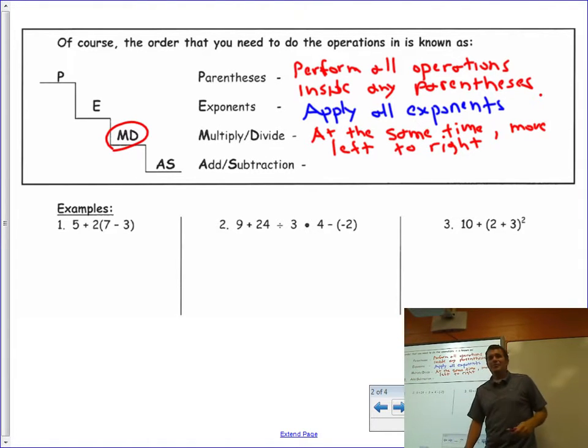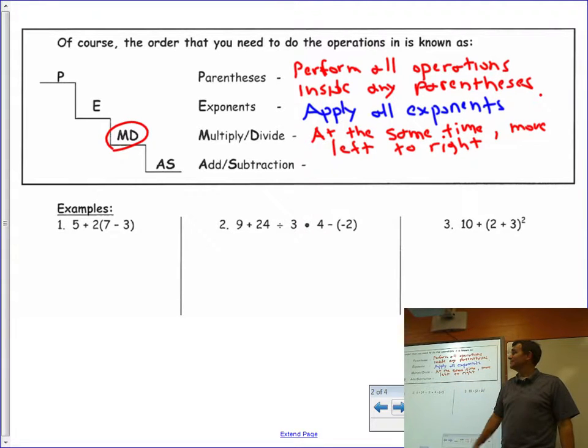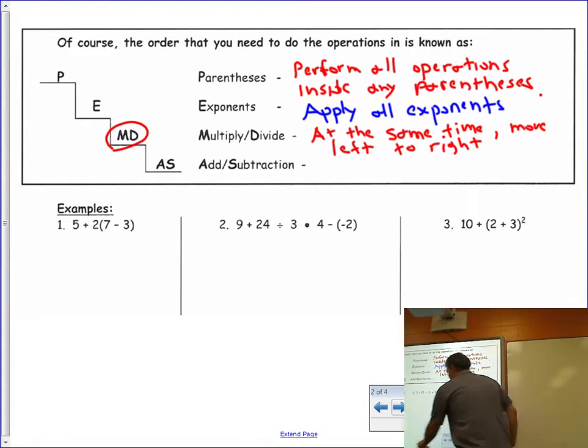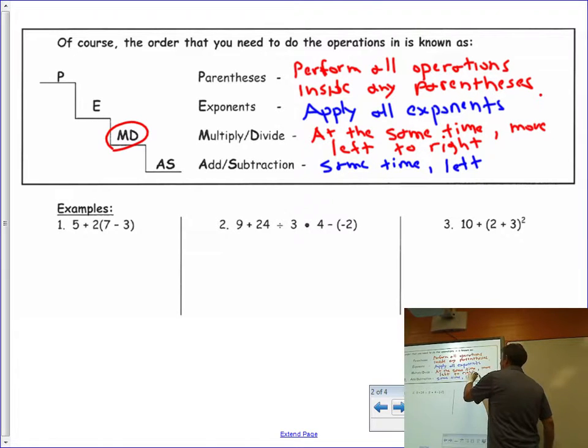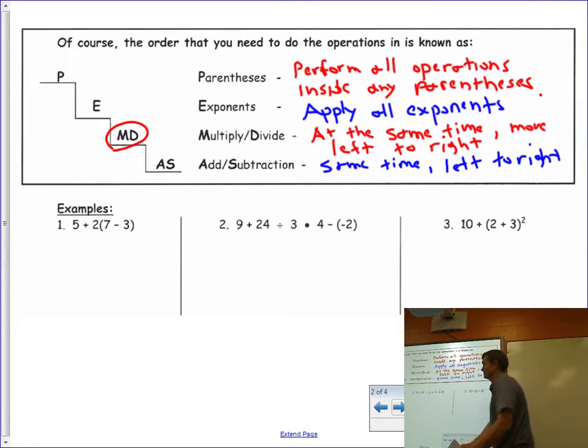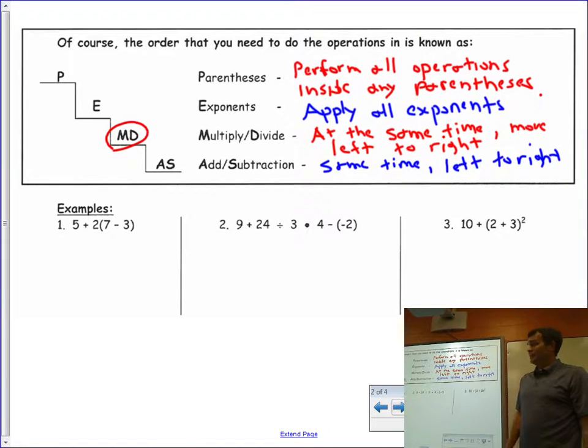So whichever operation happens to come first, that's the one you do first. If division happens to come before multiplication, then the division gets done first, going from left to right. And the same is true with adding and subtracting. Same time, left to right.